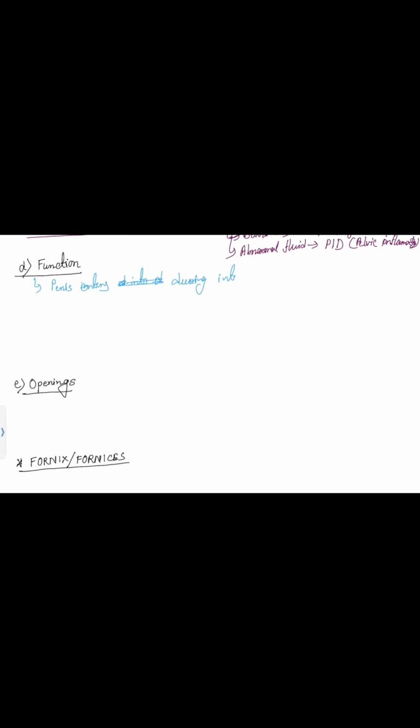So it is the pathway through which the penis enters during intercourse. And it is also the path or outlet through which menstrual blood comes out, and this is also called the birth canal, through which the baby will come out.